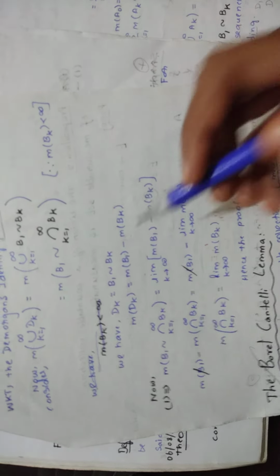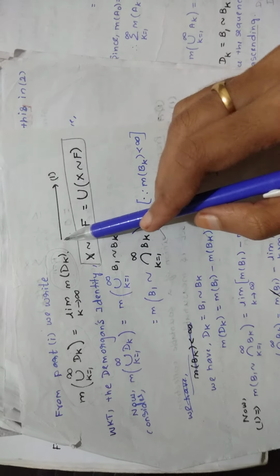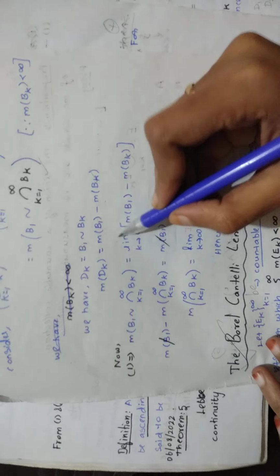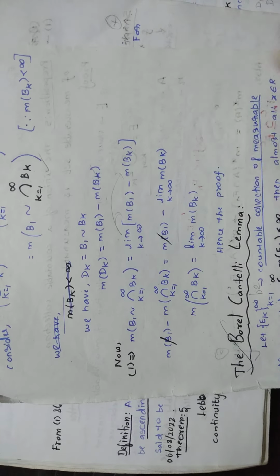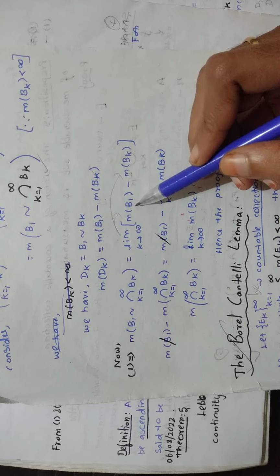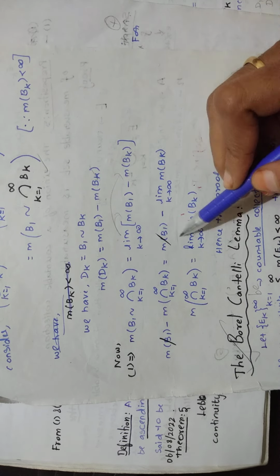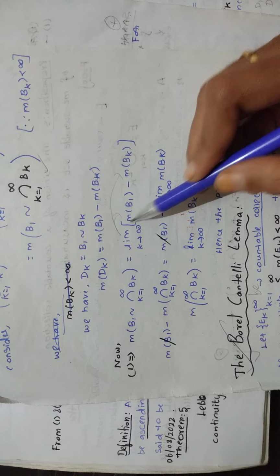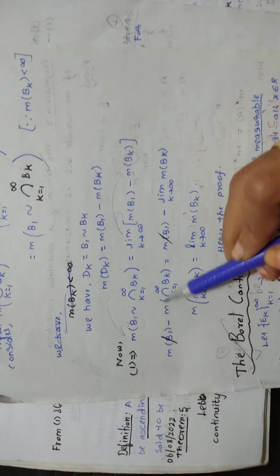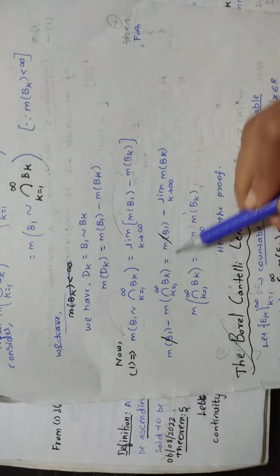Now you are substituting this and this value in equation number 1, so that you will get this line. And now you are taking limit k tends to infinity on both sides.